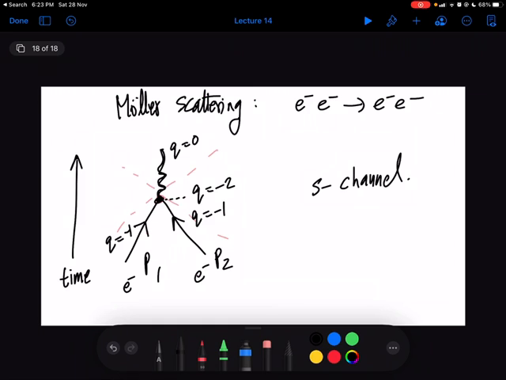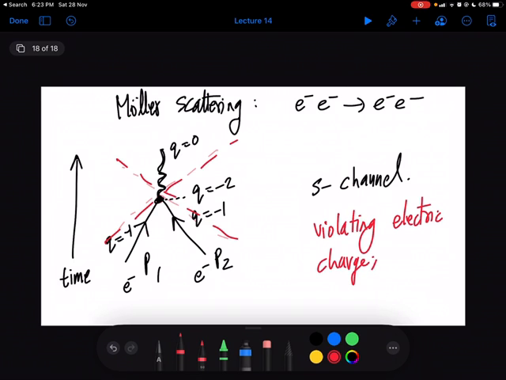Even if you want to draw it, go ahead and draw it, but you'll be violating electric charge conservation, and also gauge invariance.